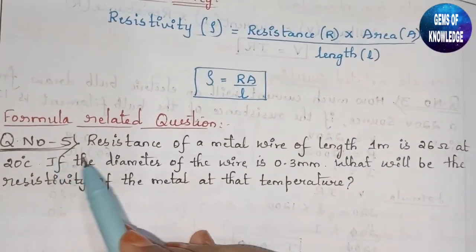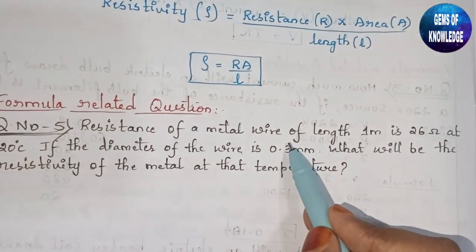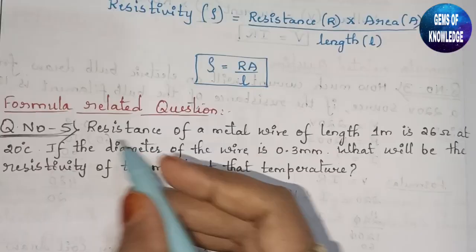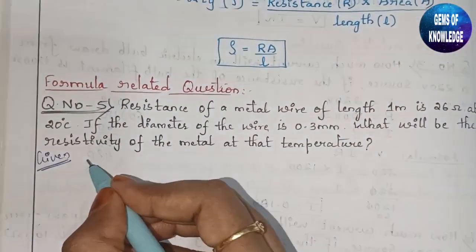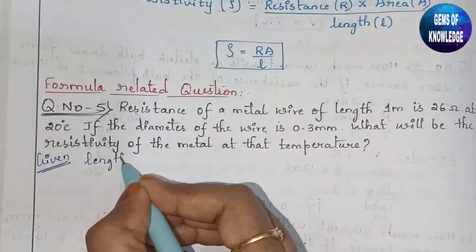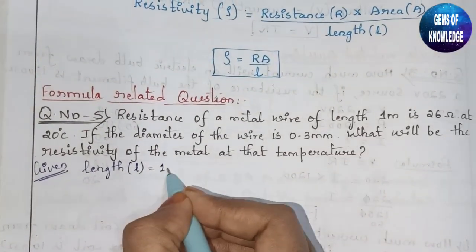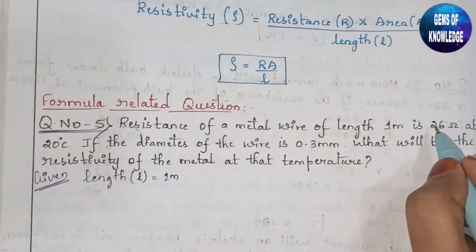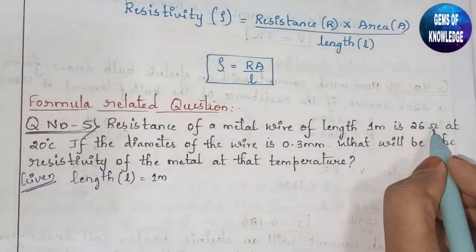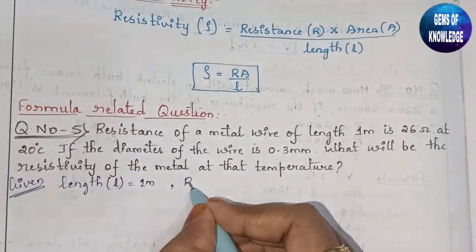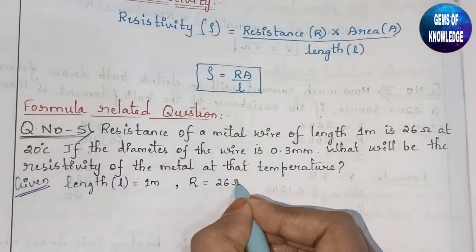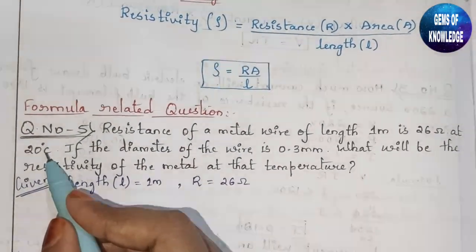So question number 5 is given as: resistance of a metal wire of length 1 meter. We will go on writing what is given to us. Length, that is L is equal to 1 meter, and resistance R is equal to 26 ohms at 20 degrees Celsius.